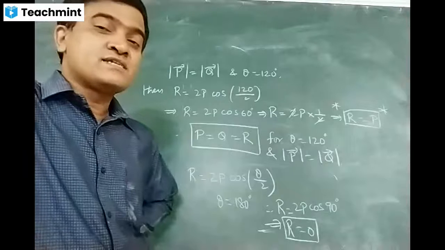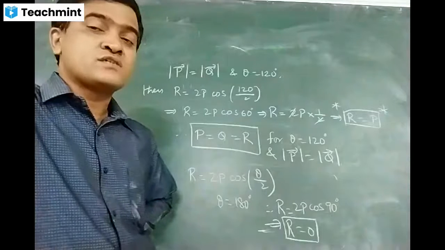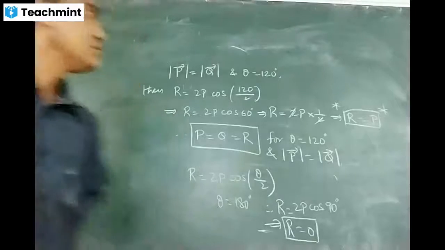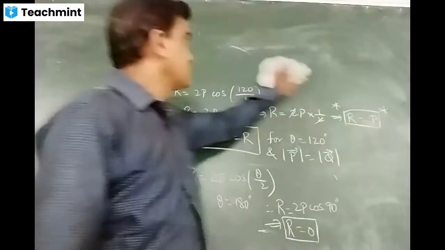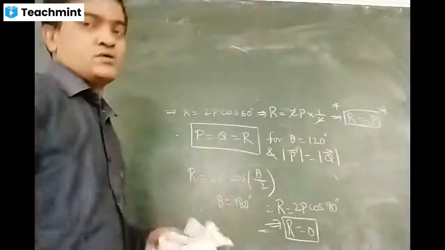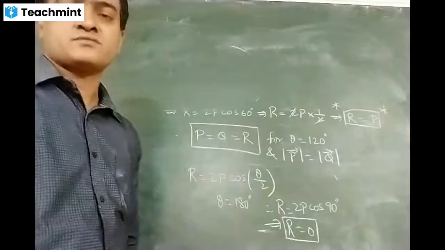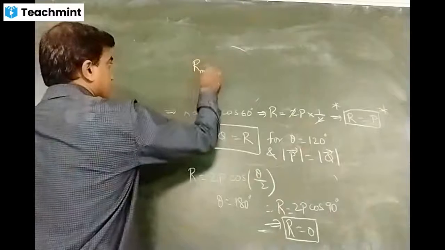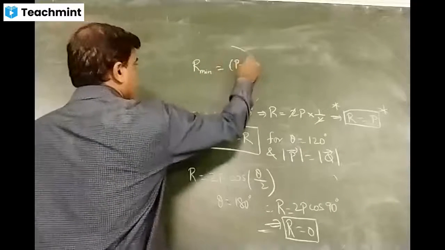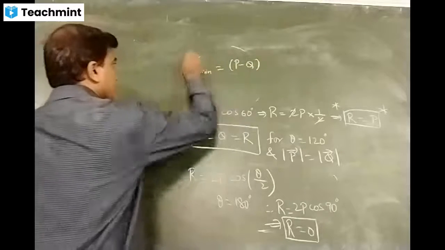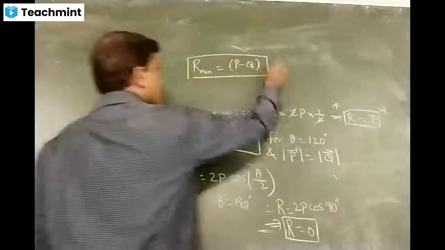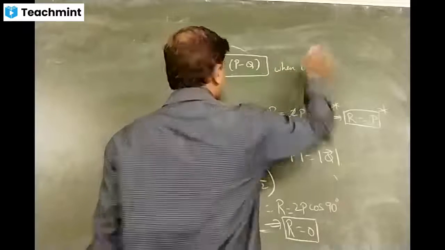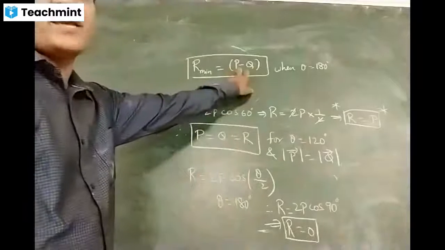When theta is equal to 180 degrees, what is the final formula you got for the magnitude of the resultant? It is P minus Q. But here these two vectors are not the same.